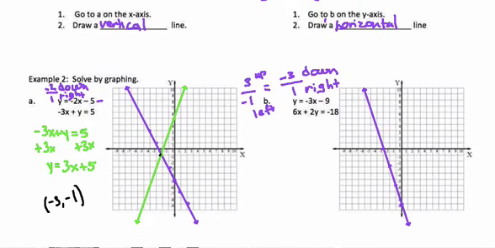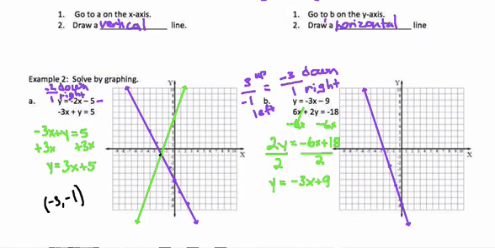Okay, now let's graph this bottom line here. And I'm going to get it in slope-intercept form by subtracting 6x from both sides. Over here they cancel out. I'm left with 2y equals -6x plus 18. Then I'll divide through by 2, and I get y equals -3x plus 9.